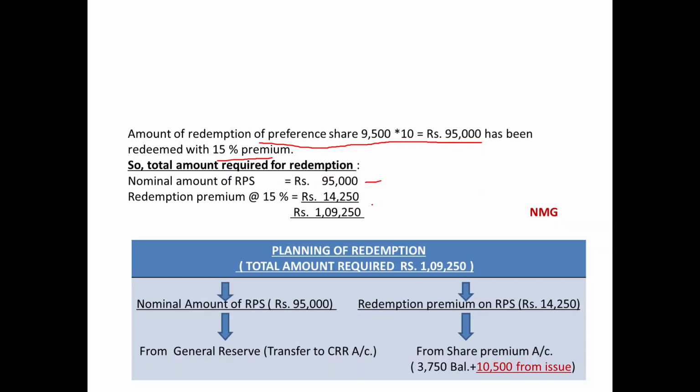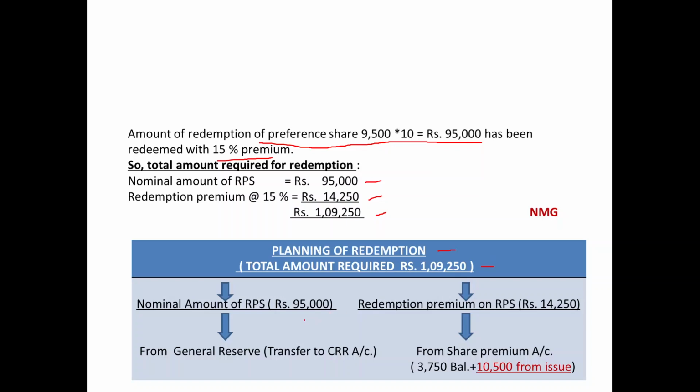Redemption premium at the rate of 15%, 15% of 95,000, 14,250. That gives total amount 1,09,250. Planning of redemption. As per our above calculation, total amount required 1,09,250.